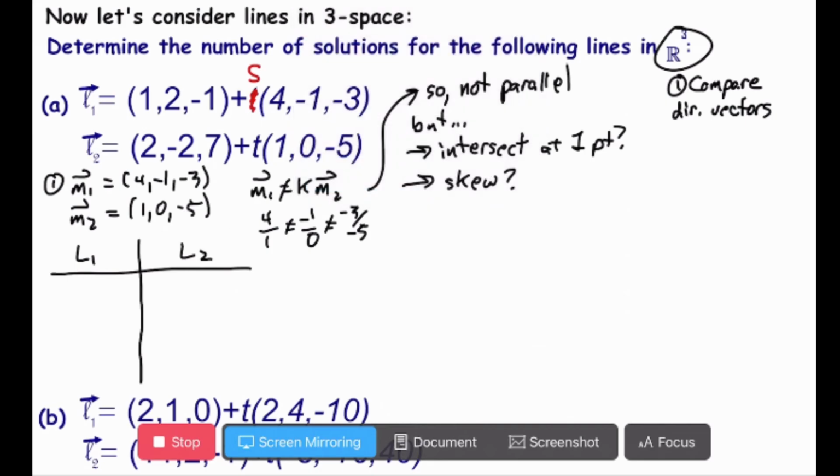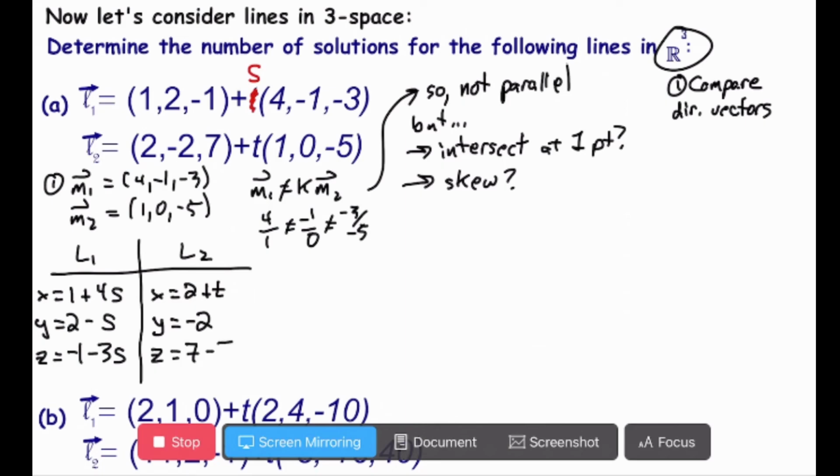For L1, x is equal to 1 plus 4s, y is equal to 2 minus s, z is equal to negative 1 minus 3s. For L2, x is equal to 2 plus 1t, y is equal to negative 2 plus 0t, so I don't need to write that, and z is equal to 7 minus 5t.